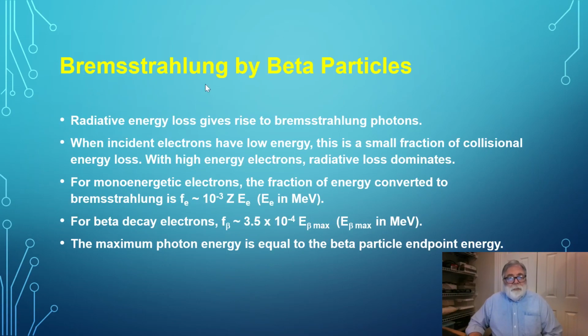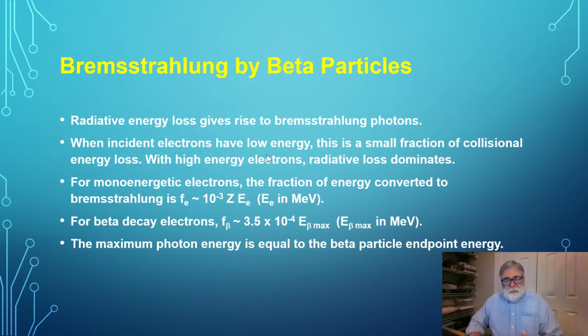Now let's talk about the bremsstrahlung produced by beta particles. That's one of the ways in which beta particles or electrons lose energy in material. When electrons pass through matter, they give up their energy through bremsstrahlung. This produces photons of radiation. When the incident electrons have relatively low energy, below the MeV range, hundreds of keV up to MeV, the energy lost to radiation is a small fraction compared to the amount of energy lost to collisions.